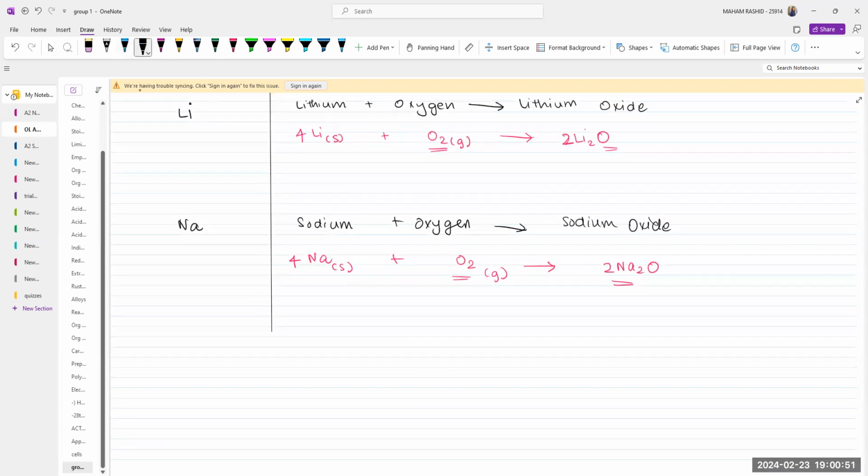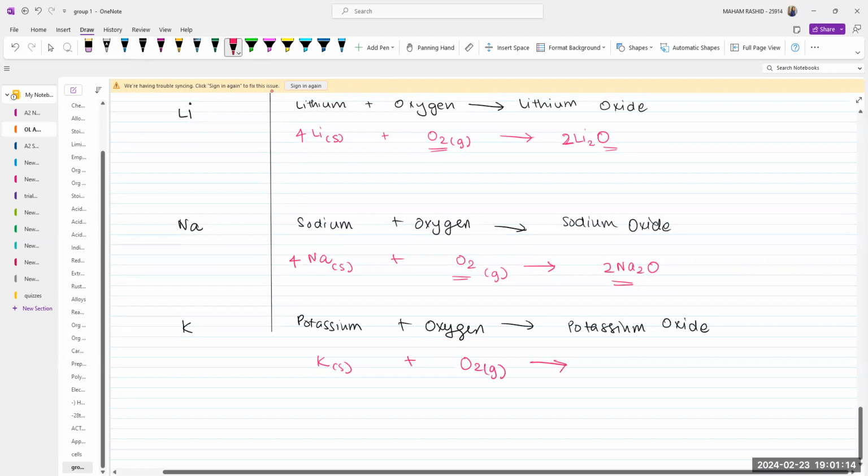The last metal that we're going to talk about is potassium. So potassium plus oxygen gives you potassium oxide. And the equation is potassium, which is a solid, plus oxygen, that is a gas, gives us potassium oxide.